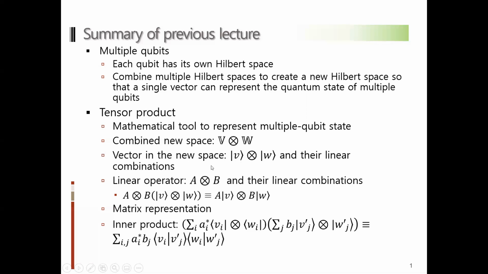However, this is not the simple sum of those types of vectors, because this new vector space also satisfies the properties of a vector space. One important property is closure, meaning that a linear combination of any vectors in that space should still belong to the space. Such a requirement is called closure.